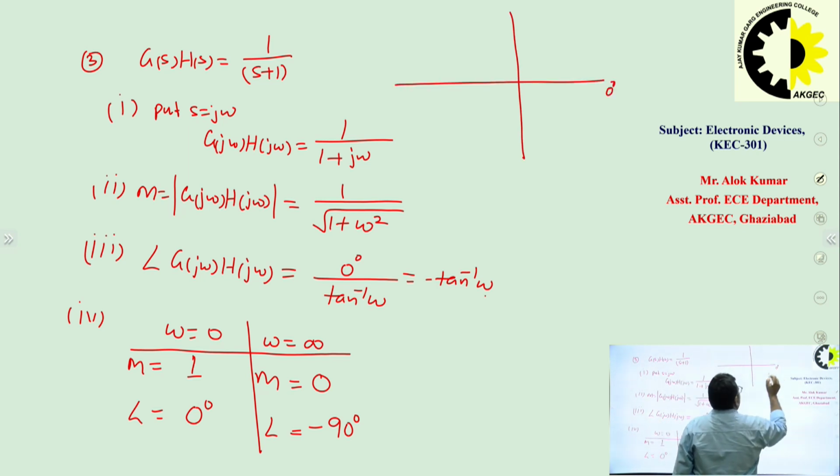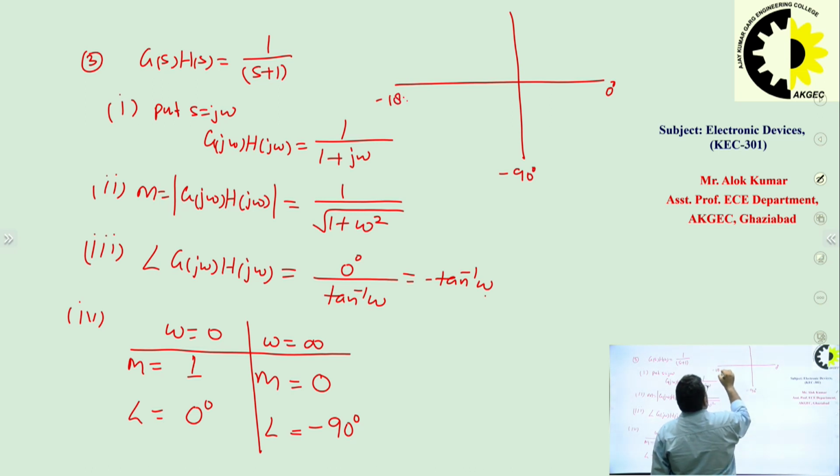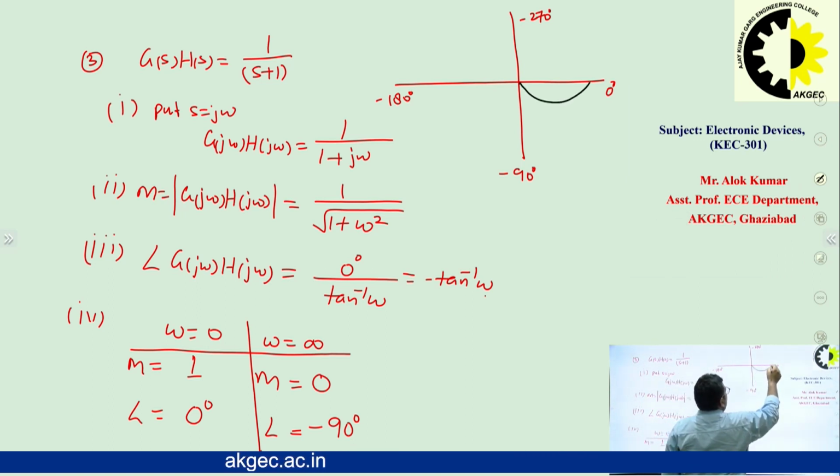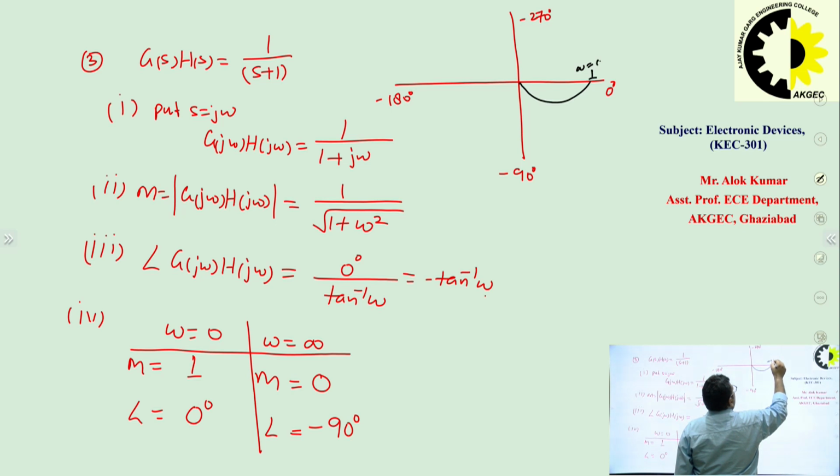So again, this is the 0 degree axis, this is the minus 90 degree axis, this one is the minus 180 degree axis, and here we have the minus 270 degree axis. Okay, so now we can draw the polar plot. Consider this is magnitude 1 at omega is equal to 0.